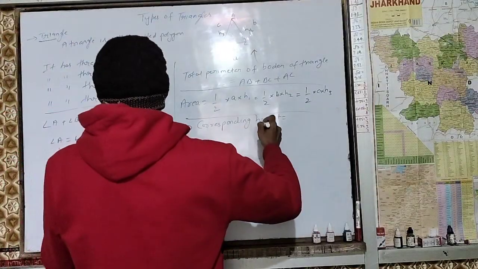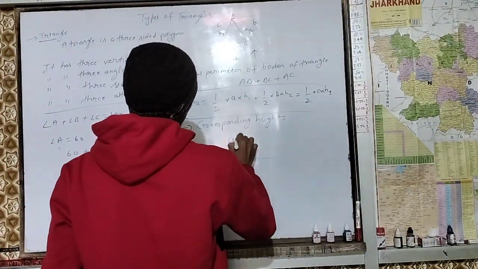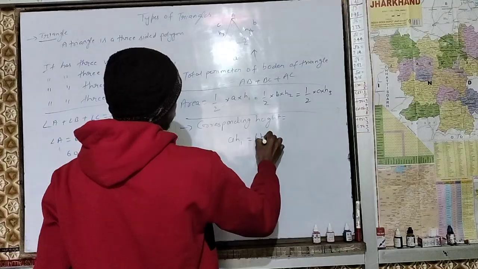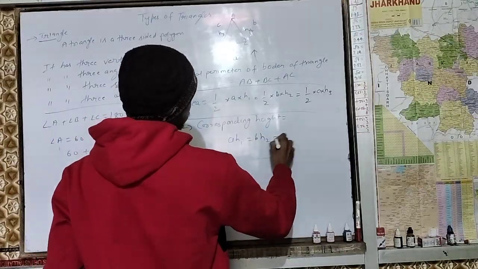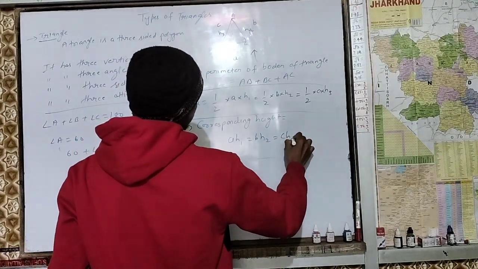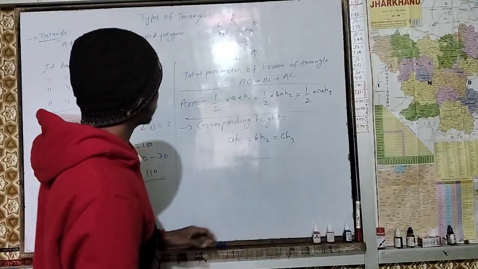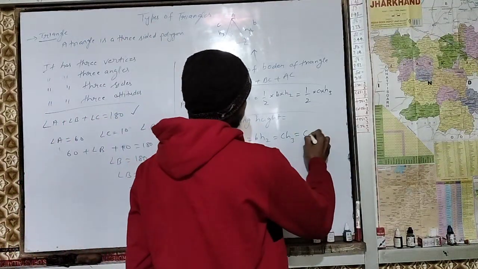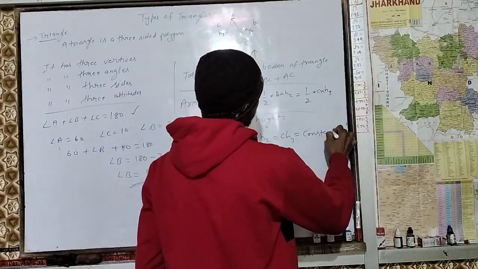Look at over here. It is saying AH1 is going to be equal to BH2. BH2 is also going to be equal to CH3. Means all these are constant.